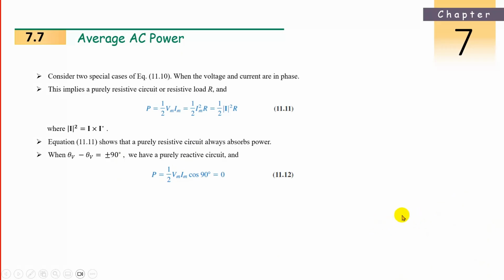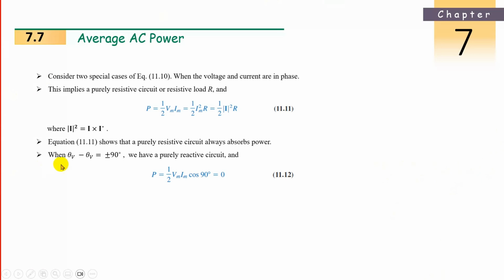I already told you, power absorbed in the three passive elements: resistance, inductance, and capacitance. Resistance always absorbs the power. Inductance never absorbs the power. Capacitance never absorbs the power. I know that in the universe we don't have any pure inductance or pure capacitance, but they never absorb power. They store the energy and give it back whenever needed.